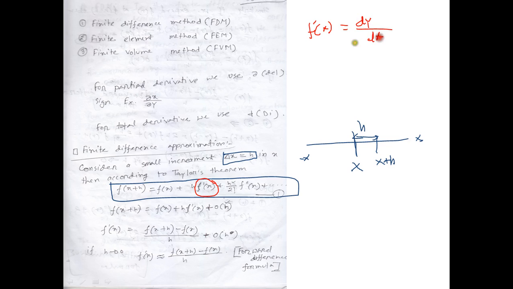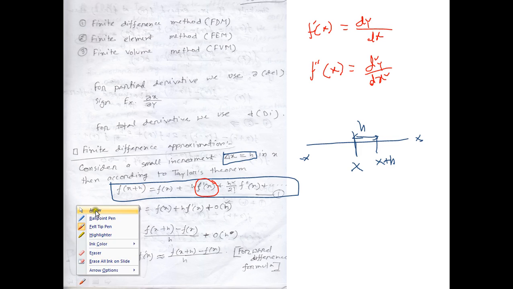And f double prime x means the second order derivative, d square y by dx square, right? So from this Taylor series, we can find out the derivative.